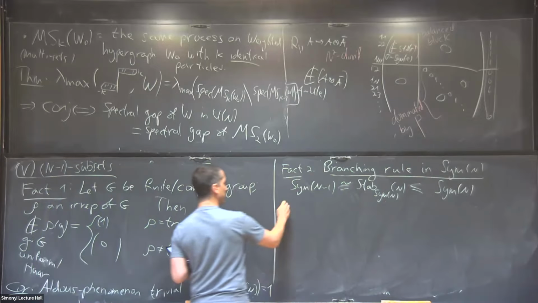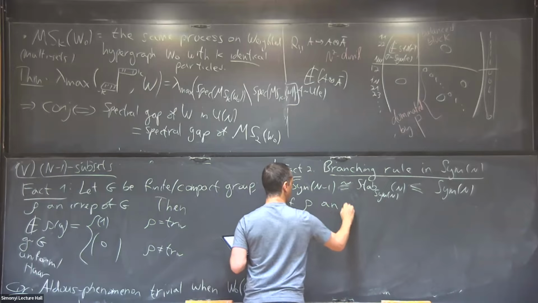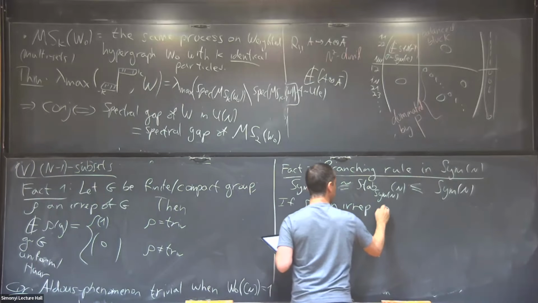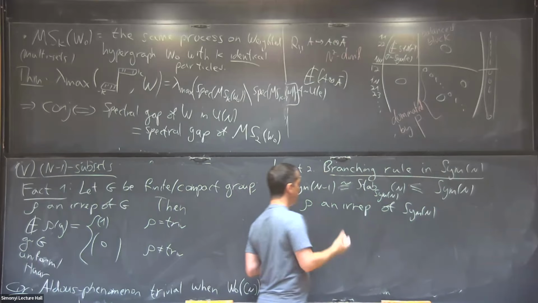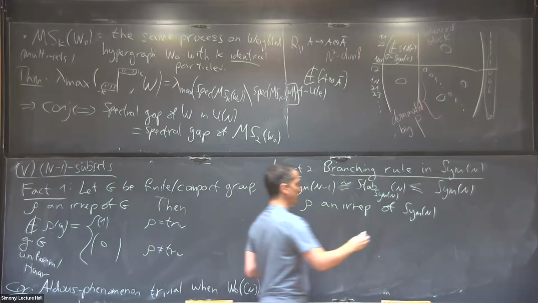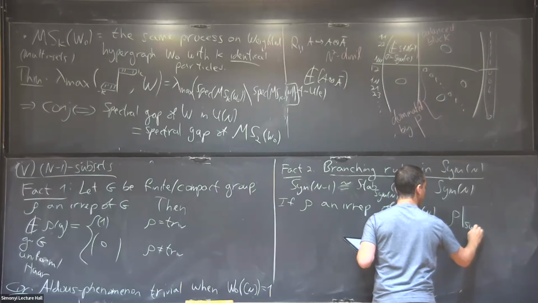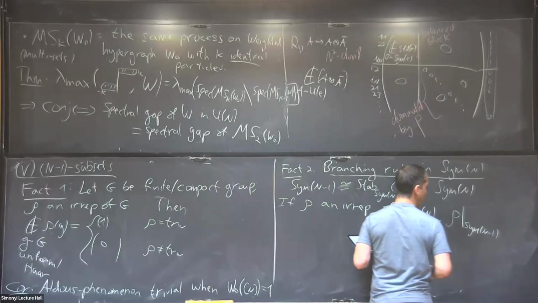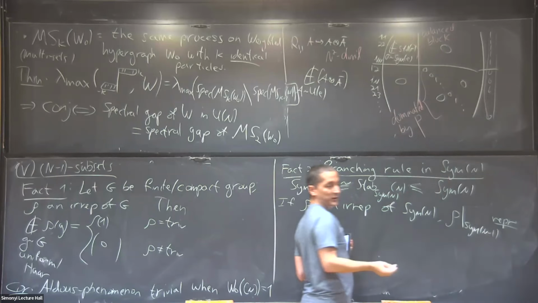Now, if rho is an irrep of the symmetric group on n elements, then I can restrict it to the symmetric group on n-1 elements. And this is now a representation, but it's usually not irreducible, right?